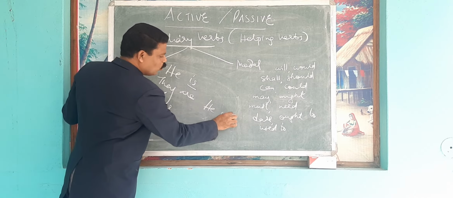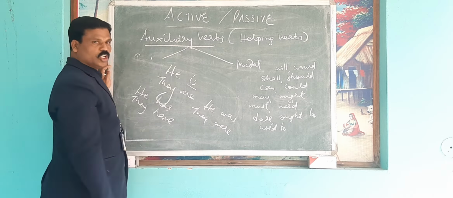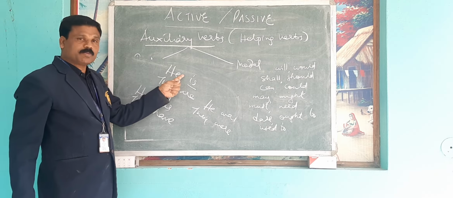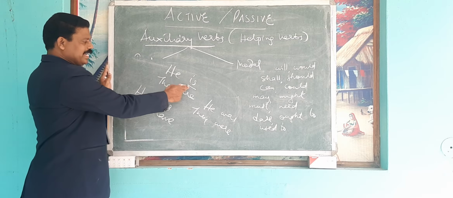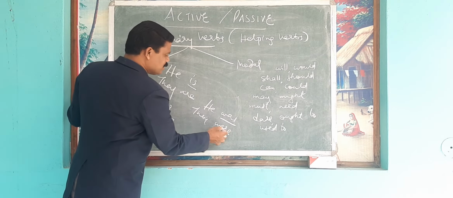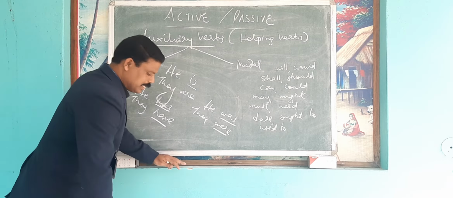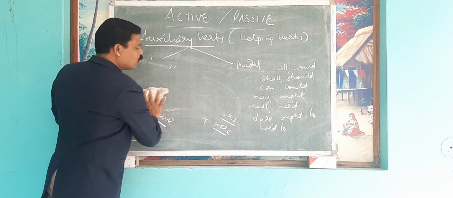He was, they were. So the primary auxiliary verbs will change according to the subject, the number of persons. But the modal auxiliary verbs will not change according to the number of persons.